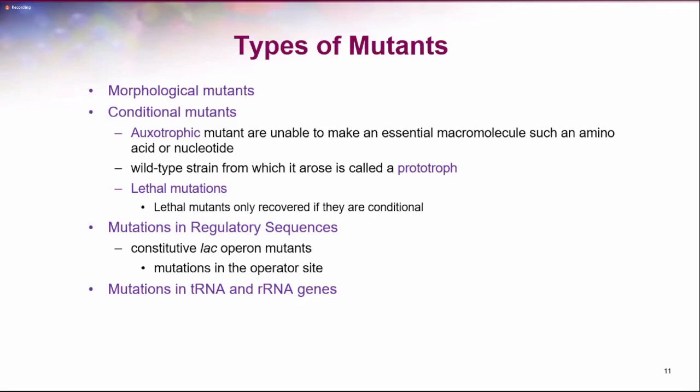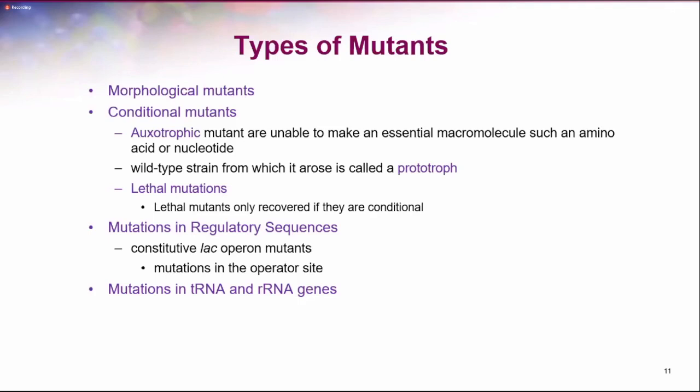Then you can have an auxotrophic mutation where that strain is maybe lacking the TRP operon or a critical gene within the TRP operon, so that it's unable to synthesize its own tryptophan. So you must supplement its growth medium with tryptophan or it's going to die. Right, so we call such mutants auxotrophic mutants because they must get some sort of nutrient in order to continue to grow, or they will die.